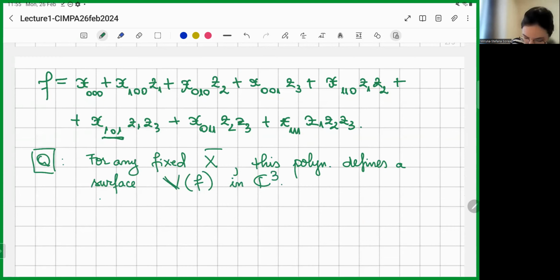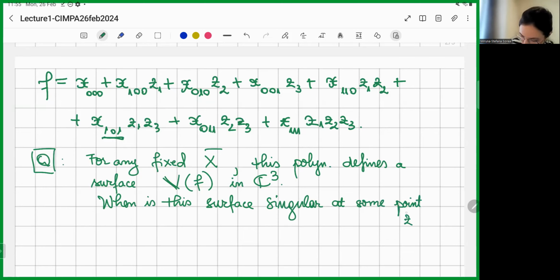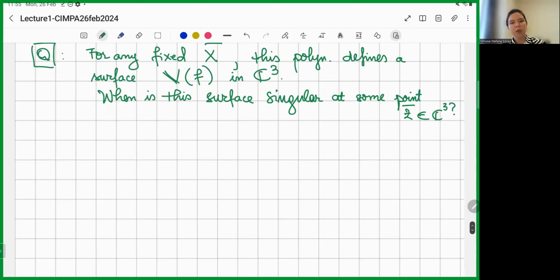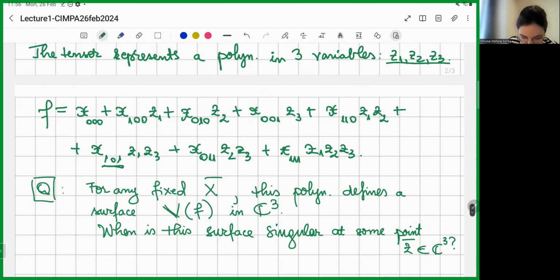And now comes the question: when is this surface singular at some point Z in C3? We want to know for which values of capital X the surface given by this now fixed polynomial f is singular at some point Z1, Z2, Z3 in C3.